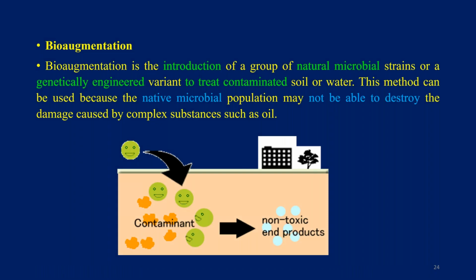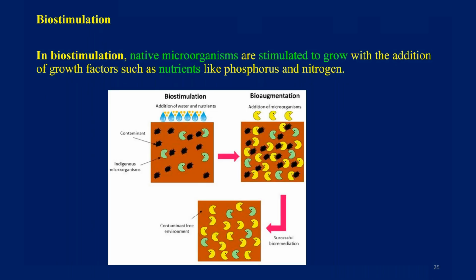Bioaugmentation is the introduction of a group of natural microbial strains or a genetically engineered variant to treat contaminated soil or water. This method can be used because the native microbial population may not be able to destroy the damage caused by complex substances such as oil. In biostimulation, native microorganisms are stimulated to grow with the addition of growth factors such as nutrients like phosphorus and nitrogen.